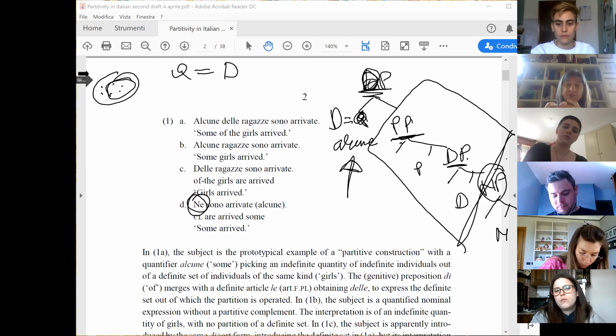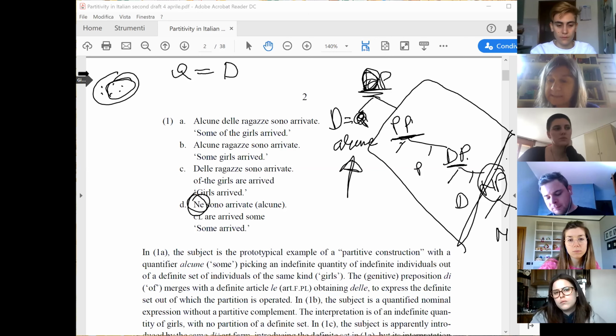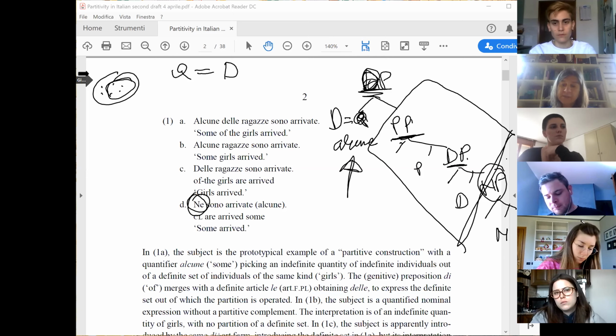So the temptation is, the phenomenon is universal. In our languages, the four constructions all can be reduced to the same analysis. Okay? Any questions on this?